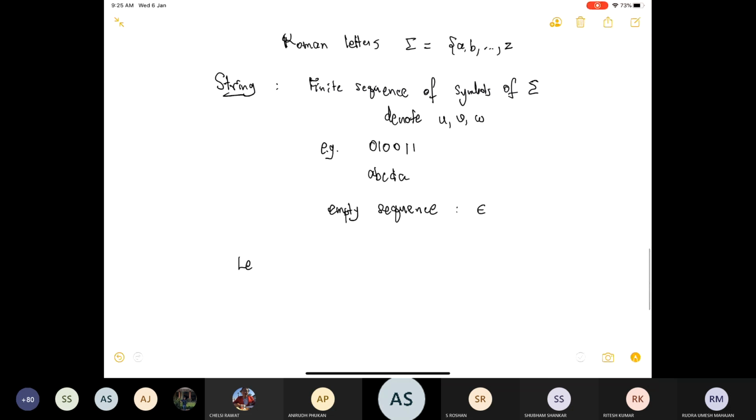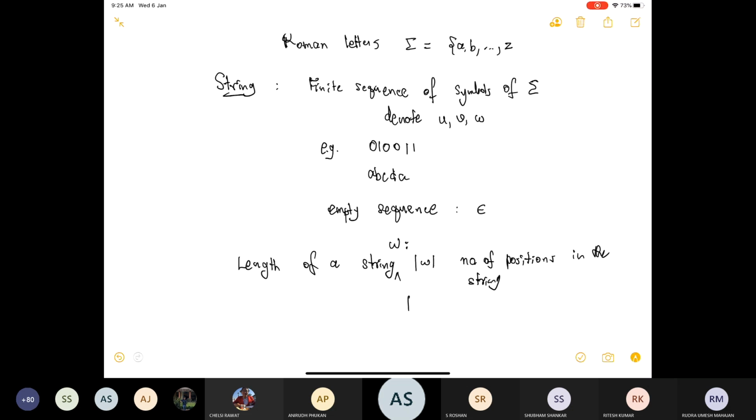Because every sequence has a length, we define the length of a string, say w. This is just the number of symbols, or the number of positions, in the string.